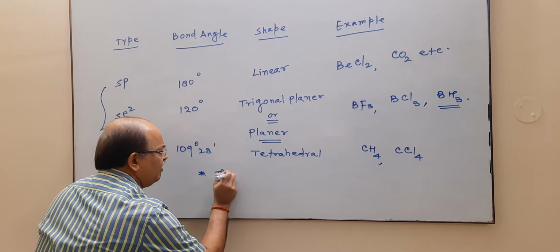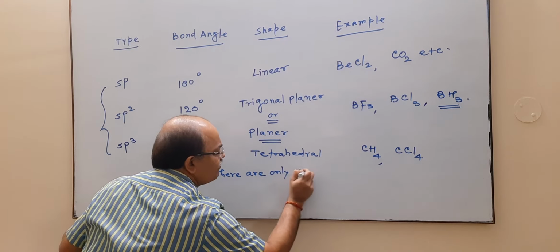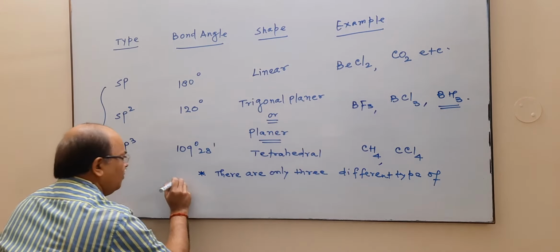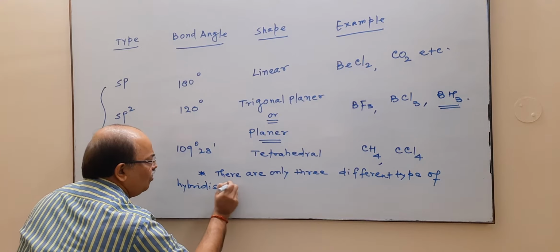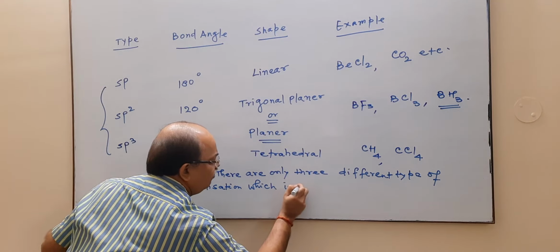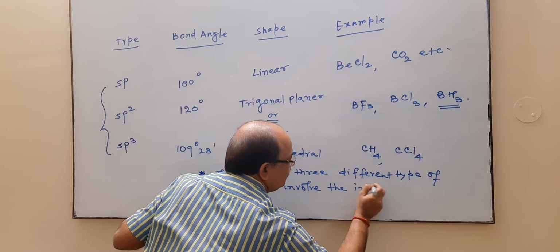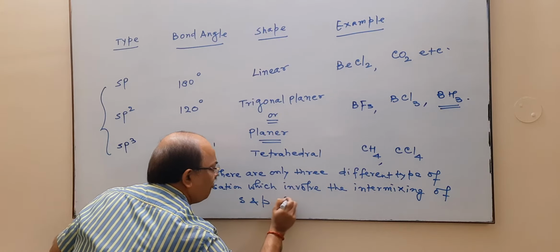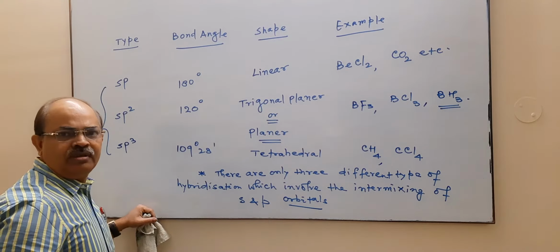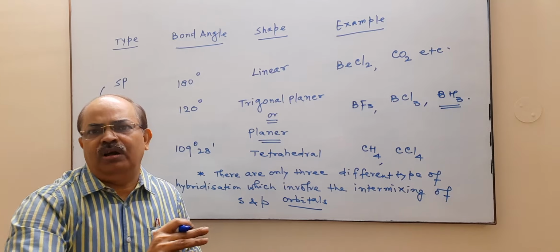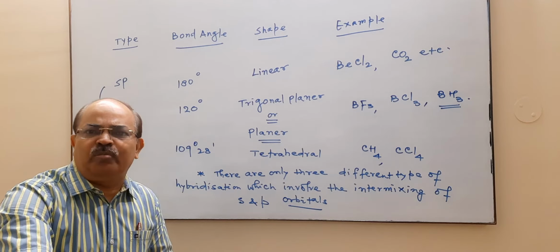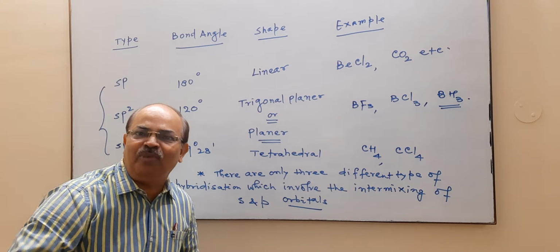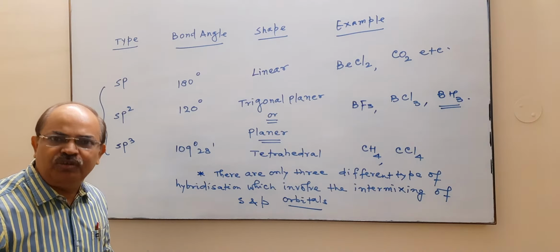So ultimately we can write there are only three different types of hybridization which involve the intermixing of s and p orbitals. This does not mean no other type exists; it means that by using s and p orbitals we have only three different types of hybridization. They are sp, sp2 and sp3.